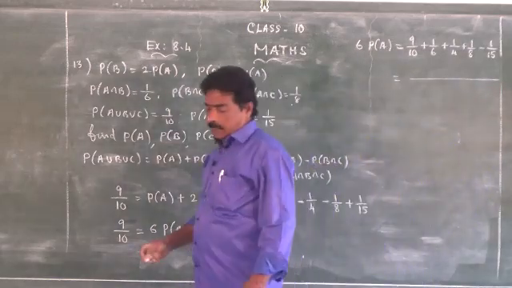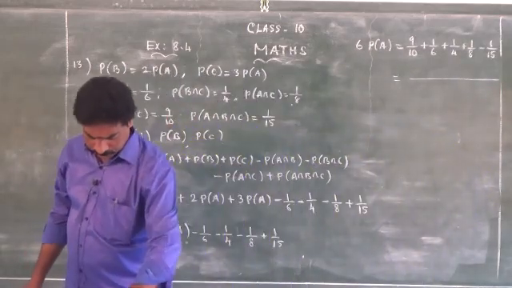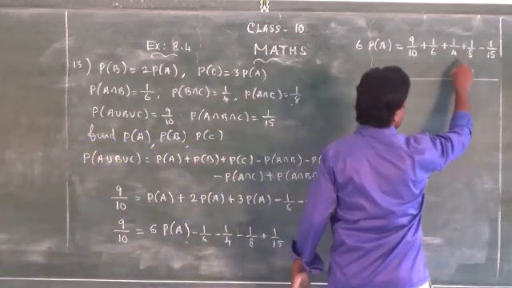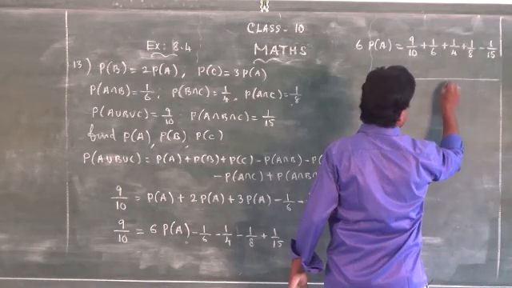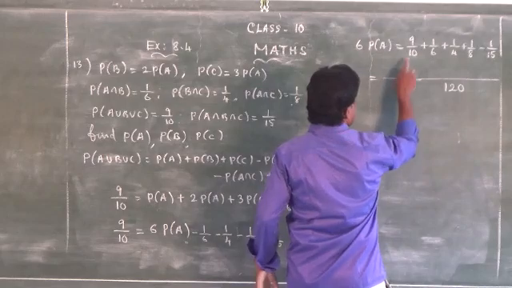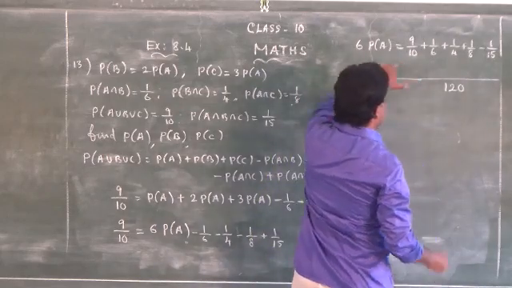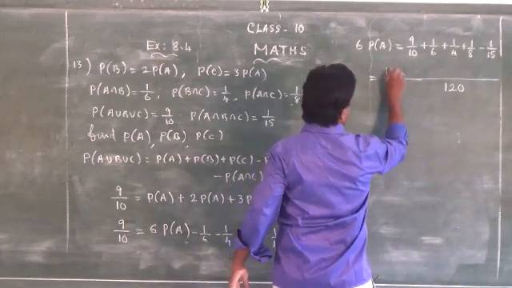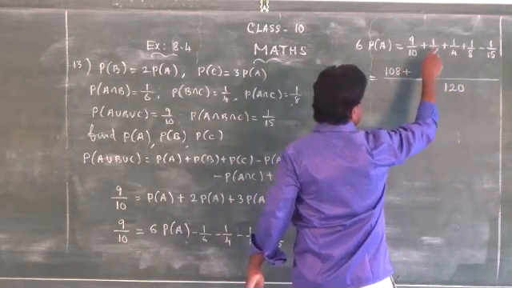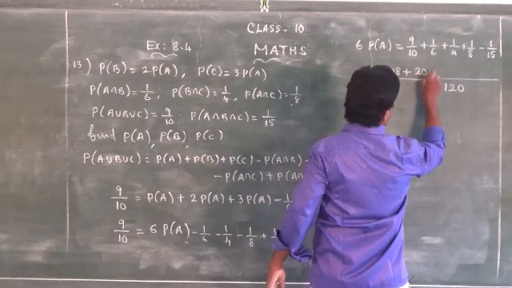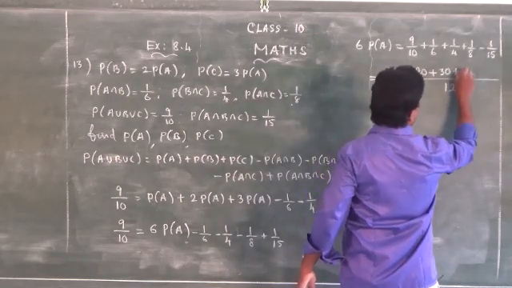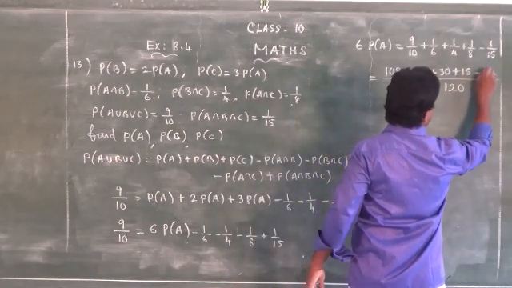When you take the LCM, 10, 6, 4, 8, 15, all are divisible by 120. So 120. 10 into 12 is 120, so 9 into 12 is 108, plus 6 means 20 times, 4 means 30 times, 8 means 15 times, and 15 means 8 times.